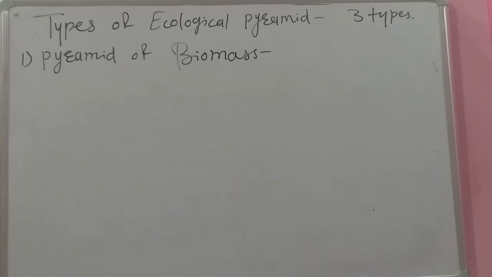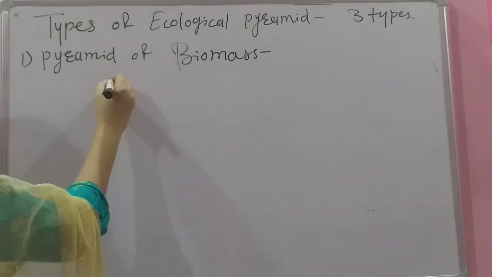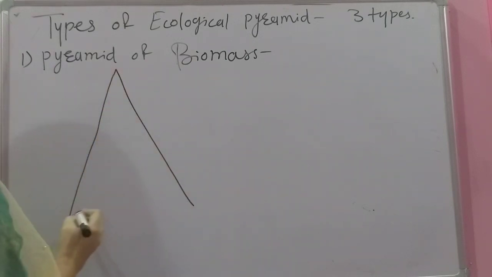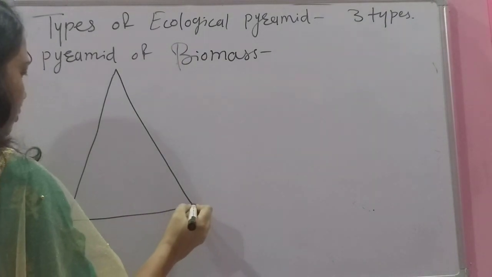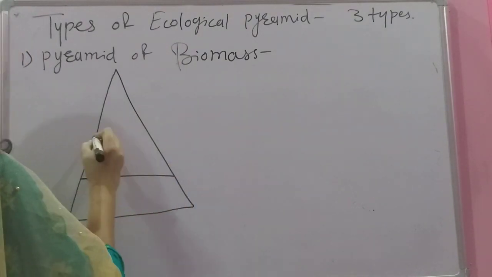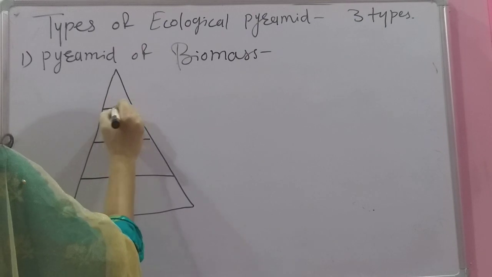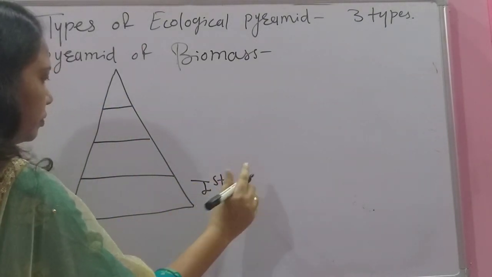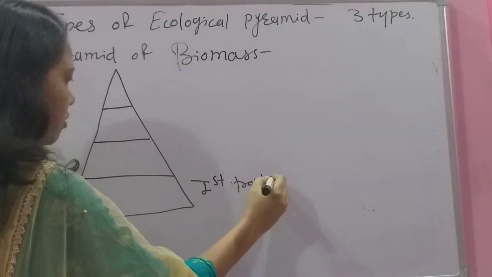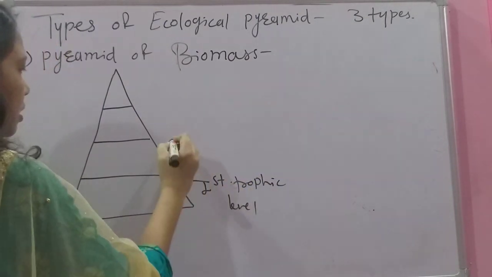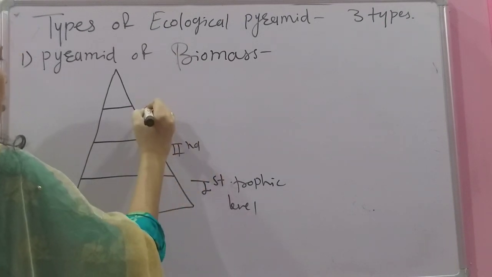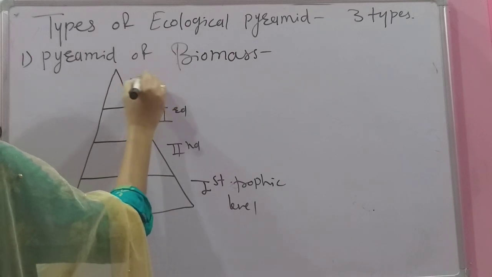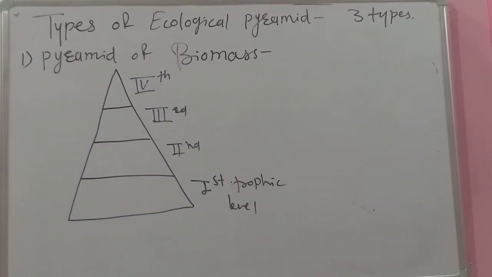For example, this is the first trophic level, second, third and fourth. First trophic level, then second trophic level, then third trophic level, and the last one is the fourth trophic level.